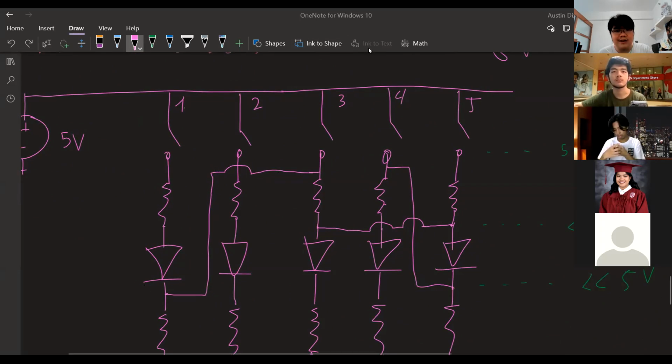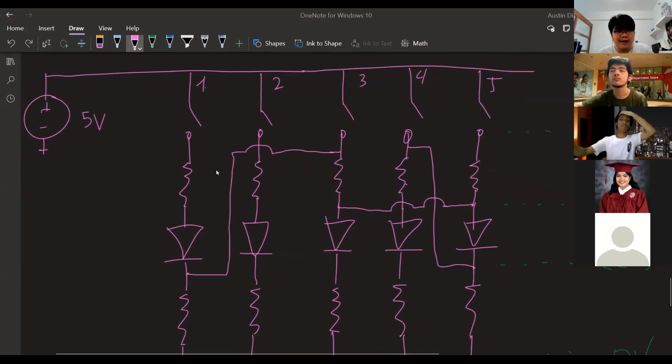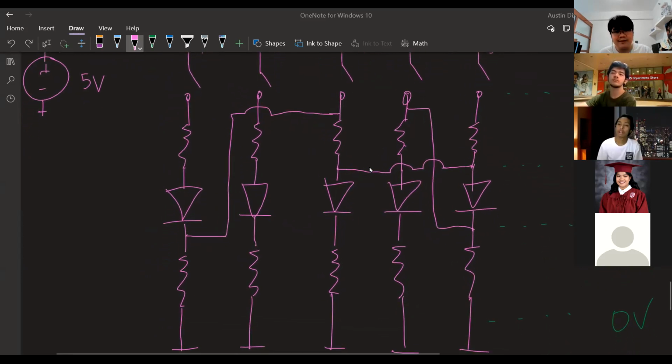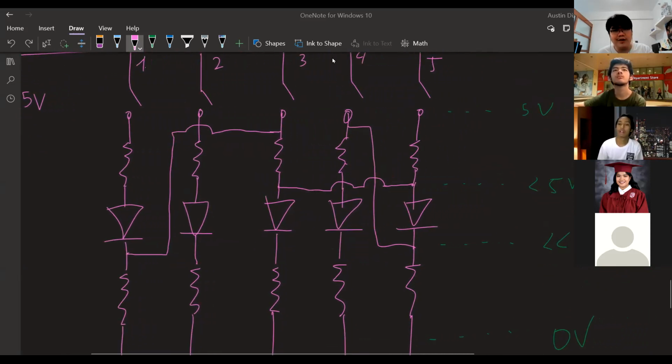Anong gusto mo itanong? Pwedeng bumalik yung daloy. So, pag pinindot mo si 1, so this is less than 5, dadaloy dito. Then less than 5. Hindi ko gets yung tanong mo. Okay, pakilinaw yung tanong.